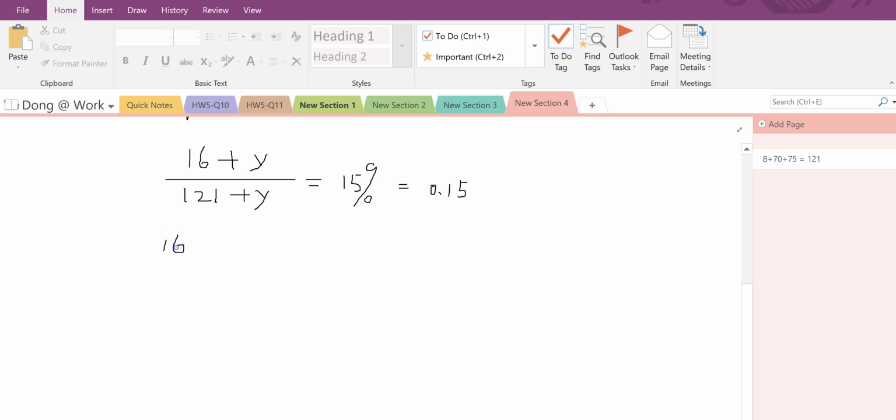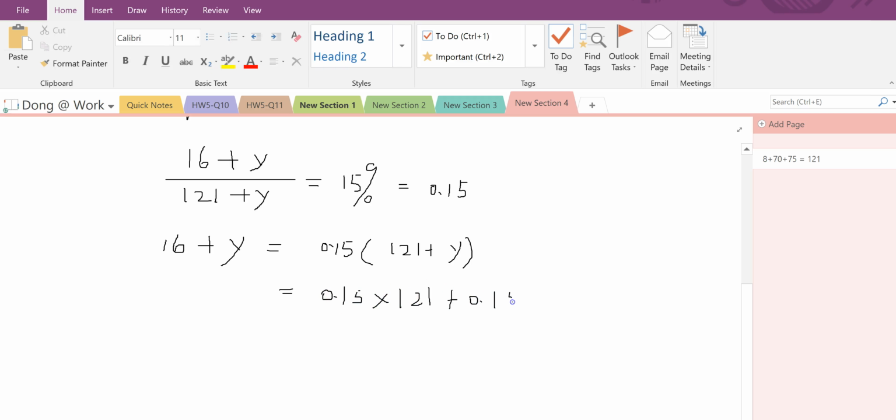So now the left-hand side becomes just the numerator, 16 plus y. And that equals the right-hand side multiplied by the denominator, 121 plus y, and this gives me 0.15 times 121 plus 0.15 times y, when I use the distribution rule.